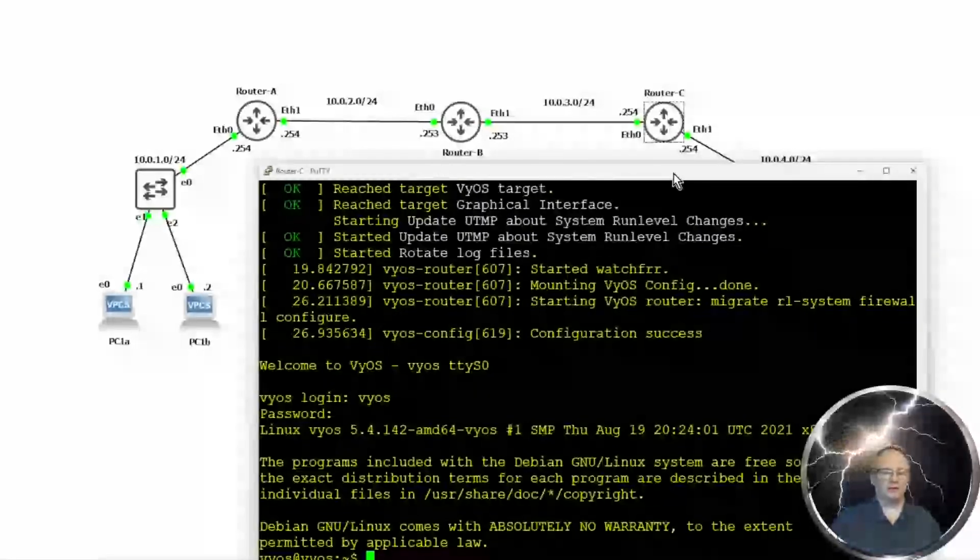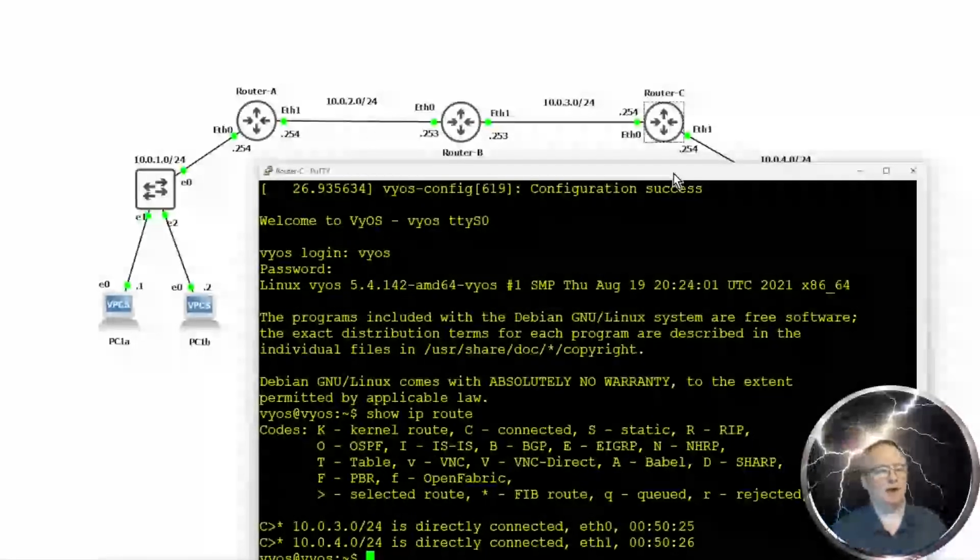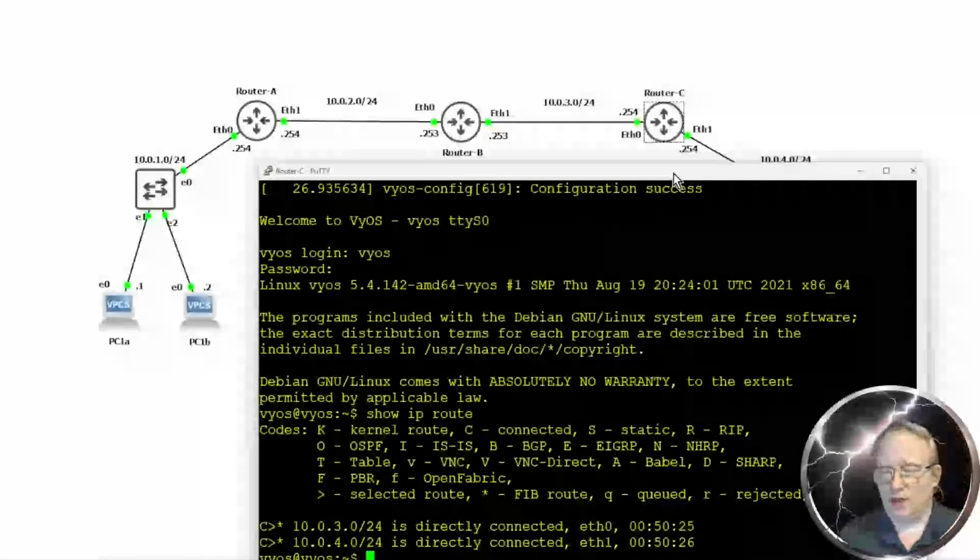All right, here we are at router C, and we'll just do a show IP route, because we can tell if the interface is up or not based on the routing table. We know that the 10.0.3 network, Ethernet 0, is up because the entry is appearing in the routing table. We know that 10.0.4 is up because the entry is appearing in the routing table. Because if the interface goes down, remember from router A, it doesn't show.